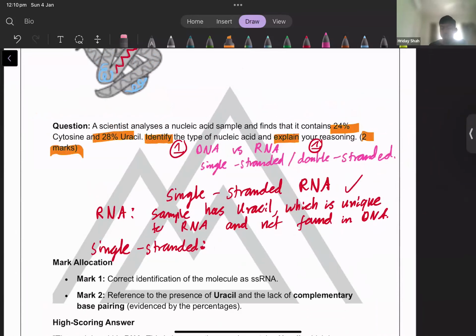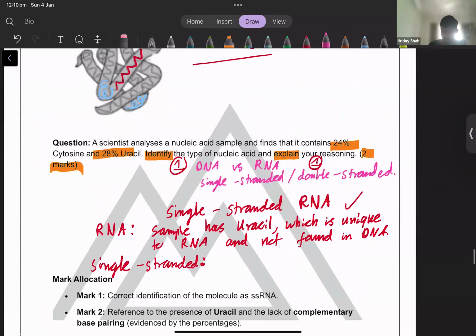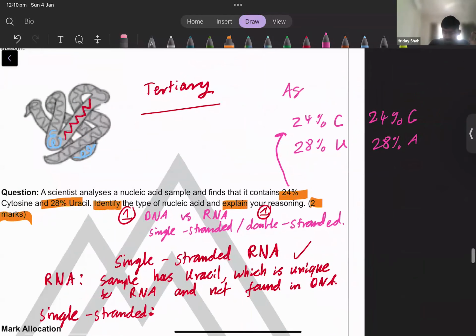If you assume complementary base pairing works, then you should have 24% cytosine, therefore 24% guanine. You should have 28% uracil, and therefore 28% adenine, assuming complementary base pairing.